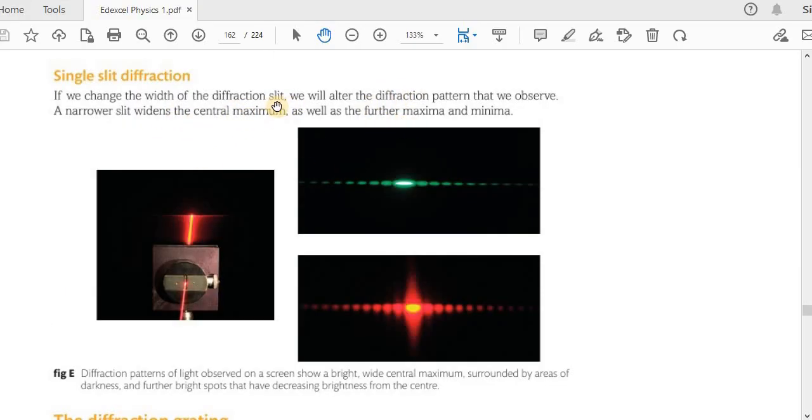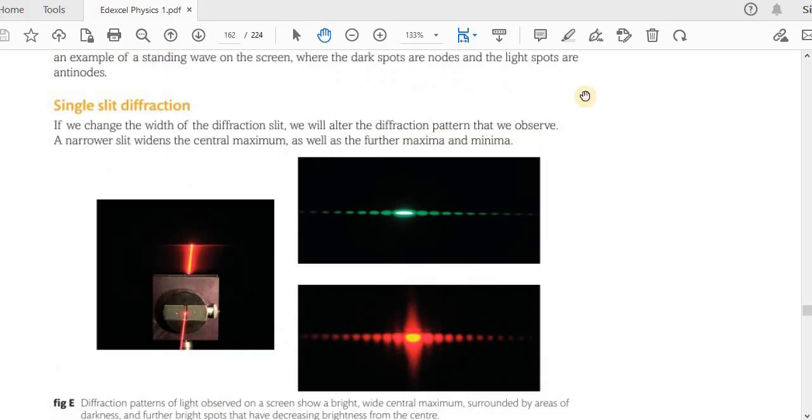I already went through that, so you have to remember this. A narrower slit widens the central maximum as well as the further maxima and minima.